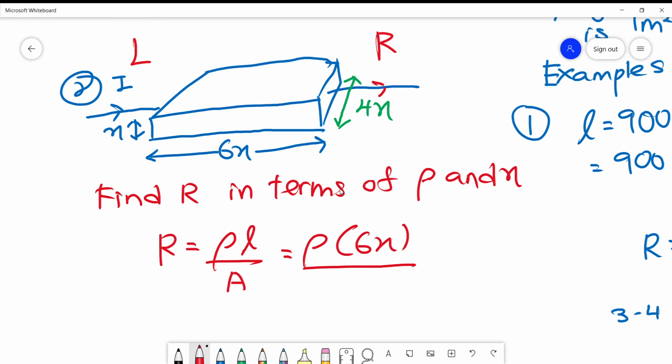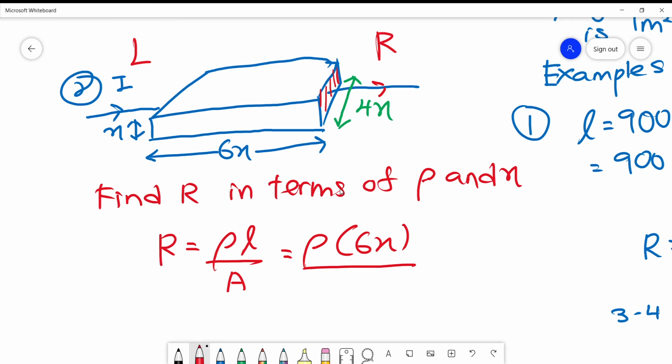In this case, the conductor is no longer cylindrical; it is cubic.